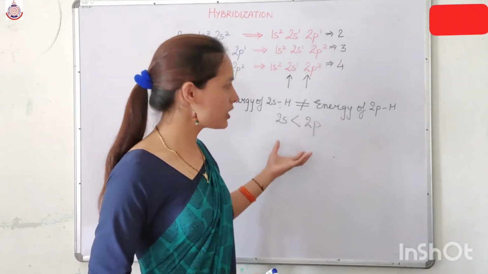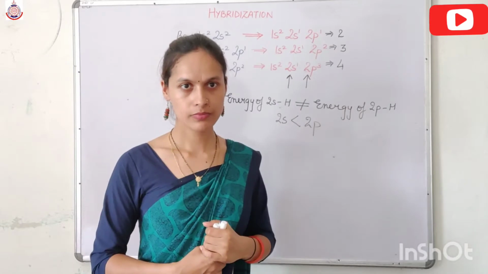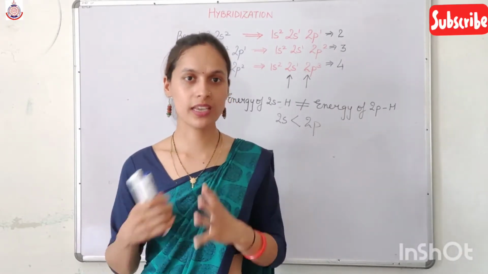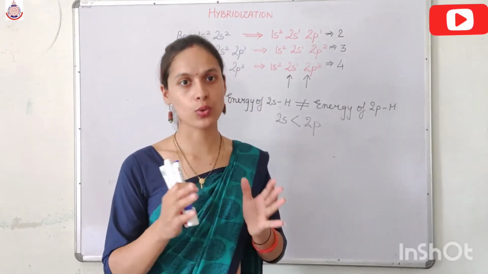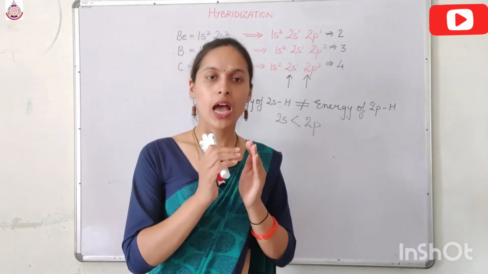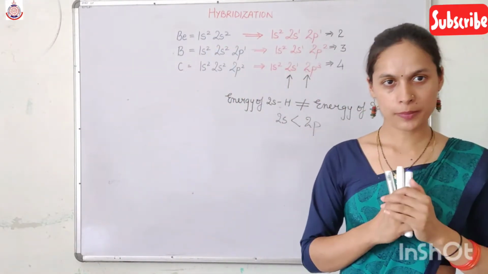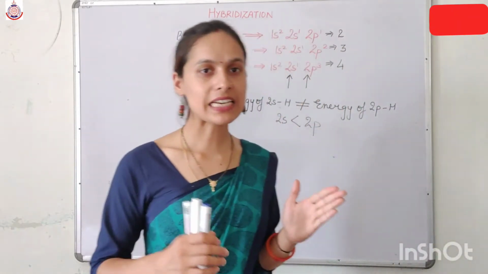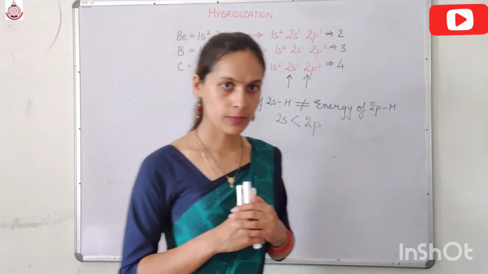But how do the energies of all the 4 orbitals become the same? This can be explained with the help of a concept known as hybridization. According to hybridization, atomic orbitals of an atom having slightly different energies combine with each other.